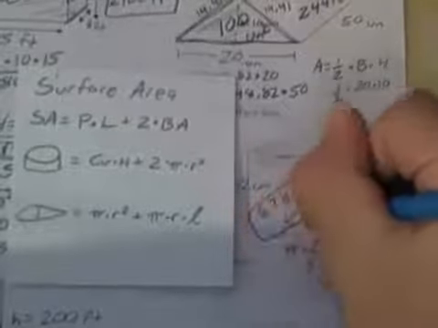So we have those two answers we need to add together. So plus 226.08, and you have a final answer of 678.24 centimeters squared. Surface area gets square units because you're measuring how much you need to paint on the outside. So 678.24 centimeters squared.